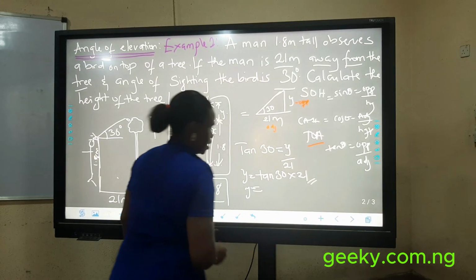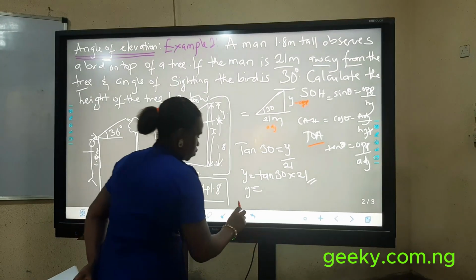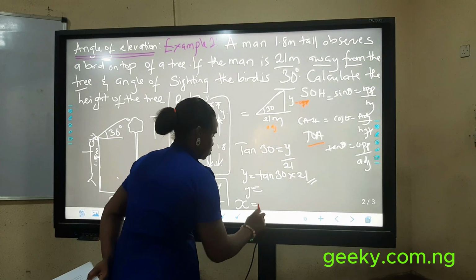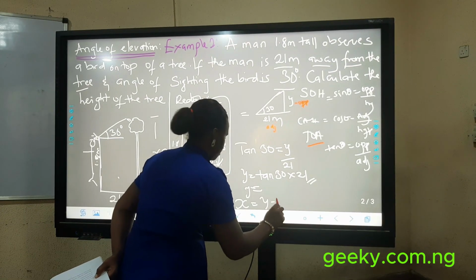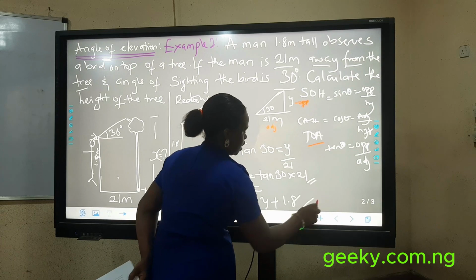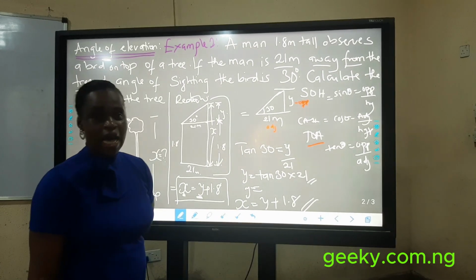Whatever we get as y, we now have x equal to y plus 1.8, and that will give us our final answer.